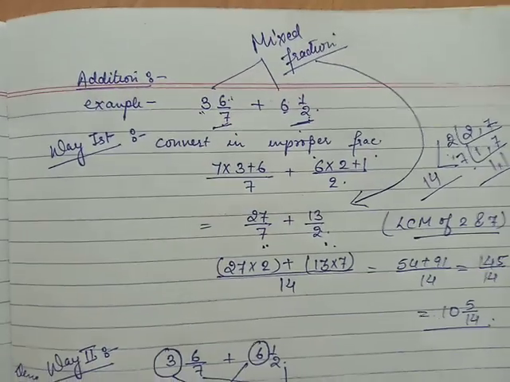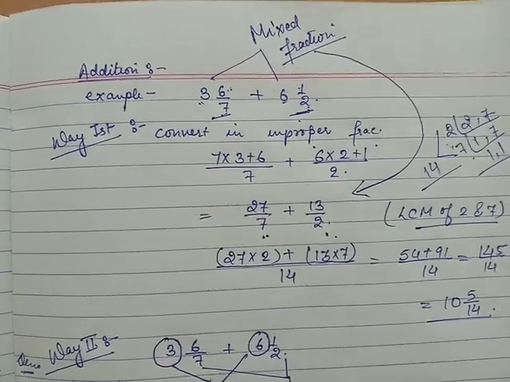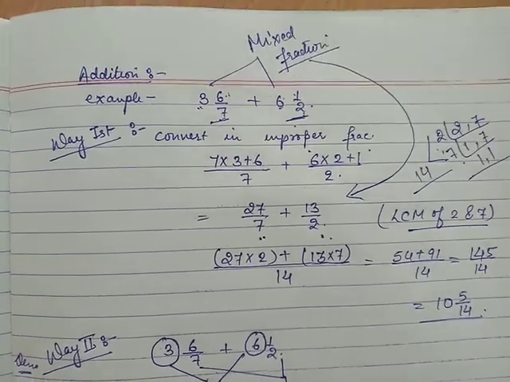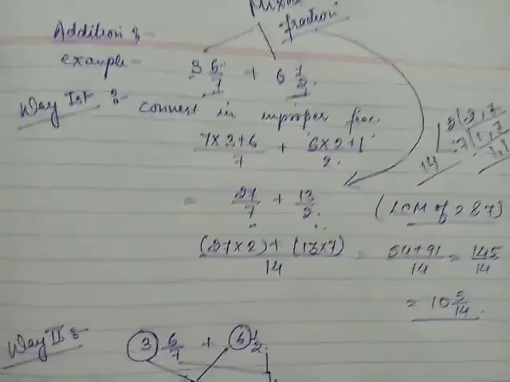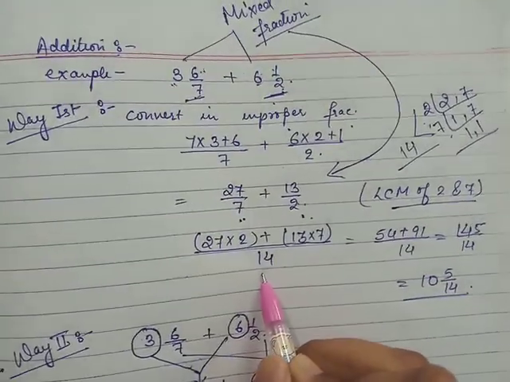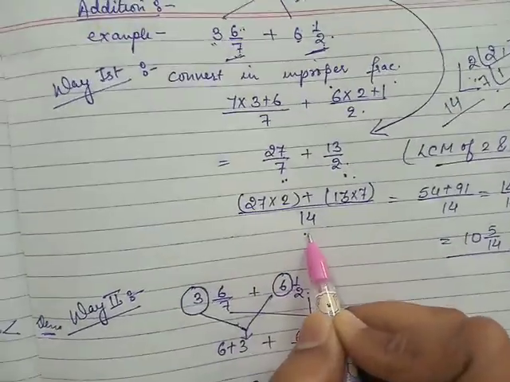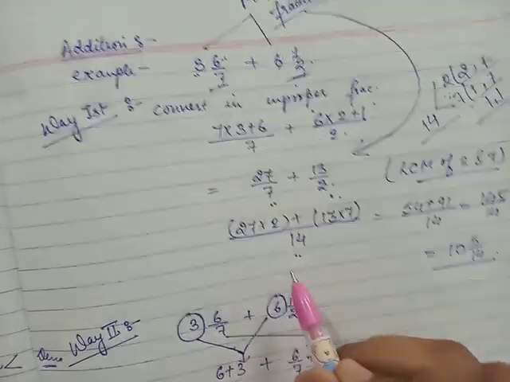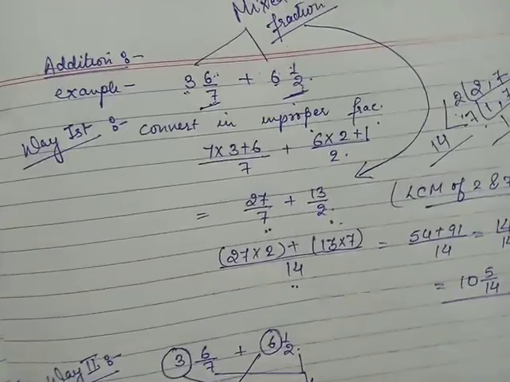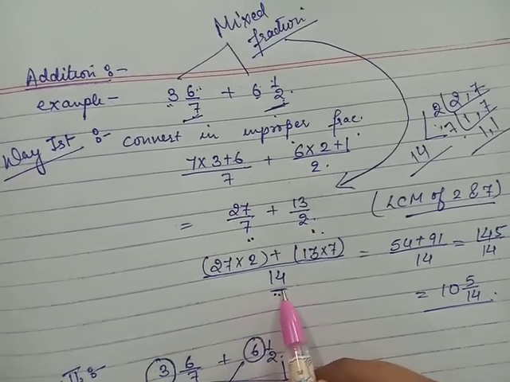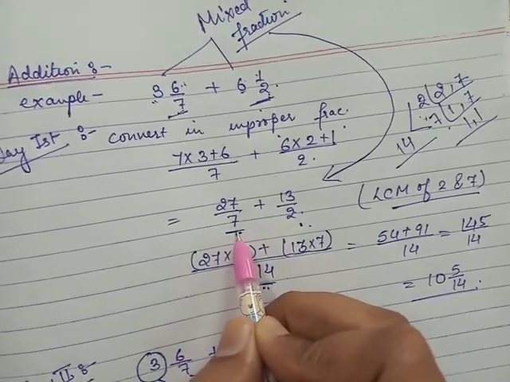Okay, so first of all we have to make the denominator same. For that we have taken the LCM and got the result, that is 14. So 14 is here. Now we will solve the addition. So 14 is our denominator, here is our denominator 7.